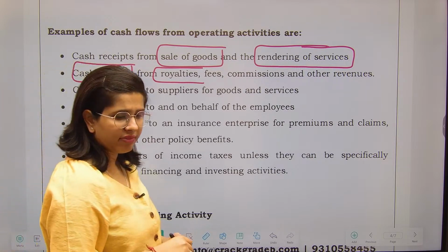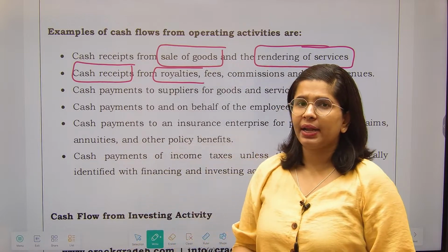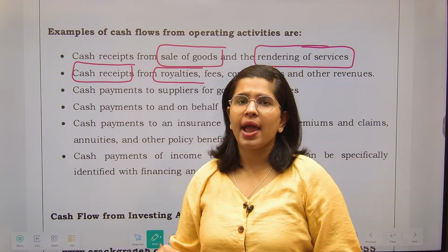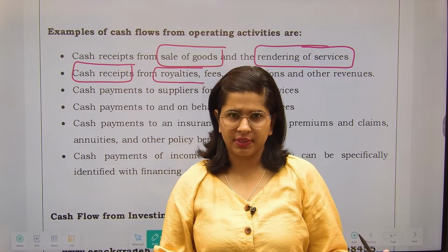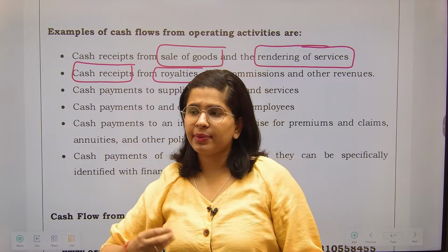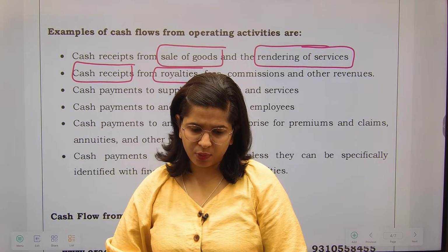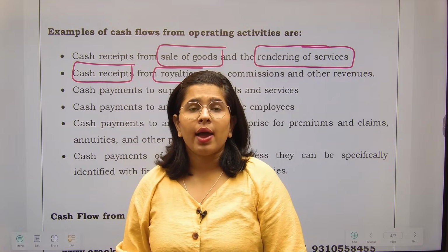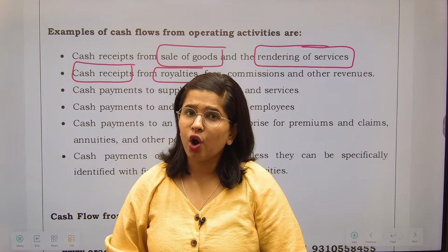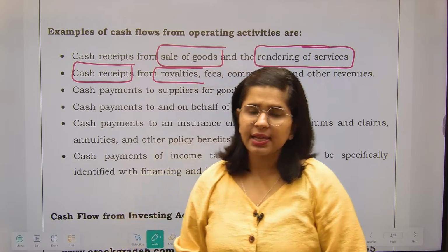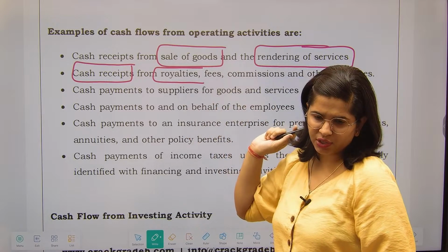Suppose I have developed a patent, I have developed a technology, I got it patented, right? And now I am earning royalty on it. So that is my operating activity, because I have developed an asset and now I am earning out of that particular asset. So now I am earning the income out of that particular asset. So it is also an operating activity. So such kind of examples can be easily asked in your examination.